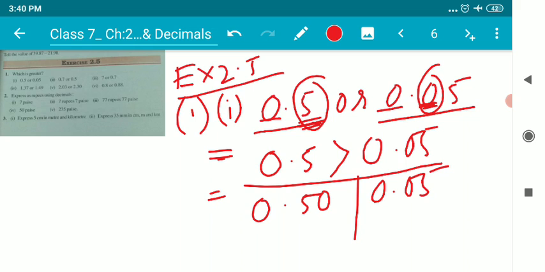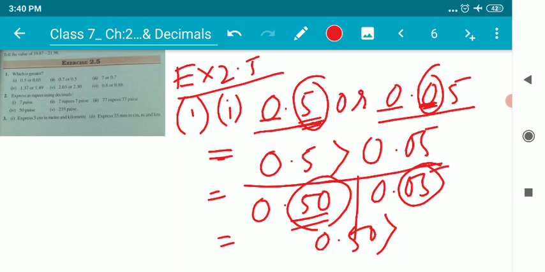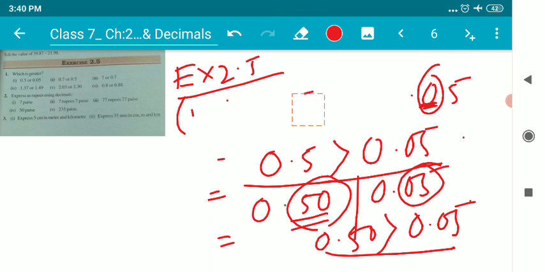So children, 0.50 is of course greater than 0.05. So using both ways we can compare which one is the greater number. I believe it's clear to everyone.